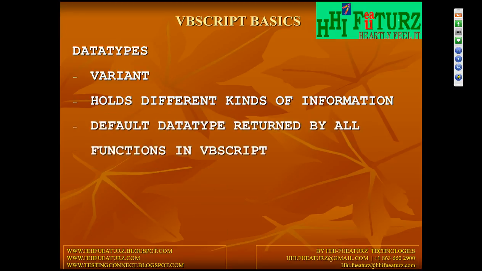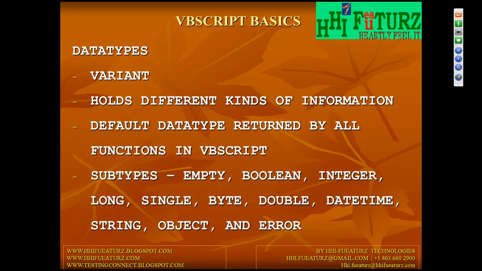The default data type for functions you may be using is, for each and every function, variant. It holds different subtypes like empty, boolean, integer, long. Long is for floating point, real numbers.